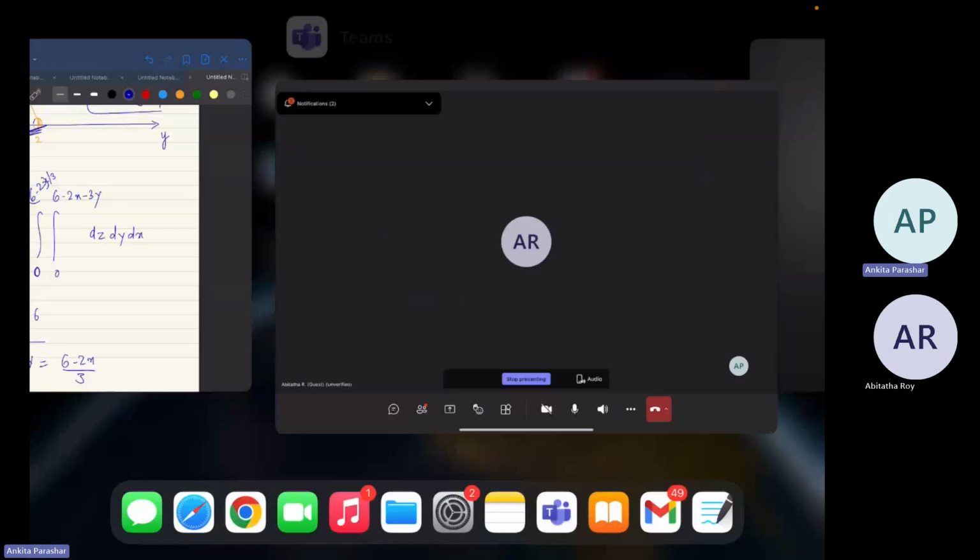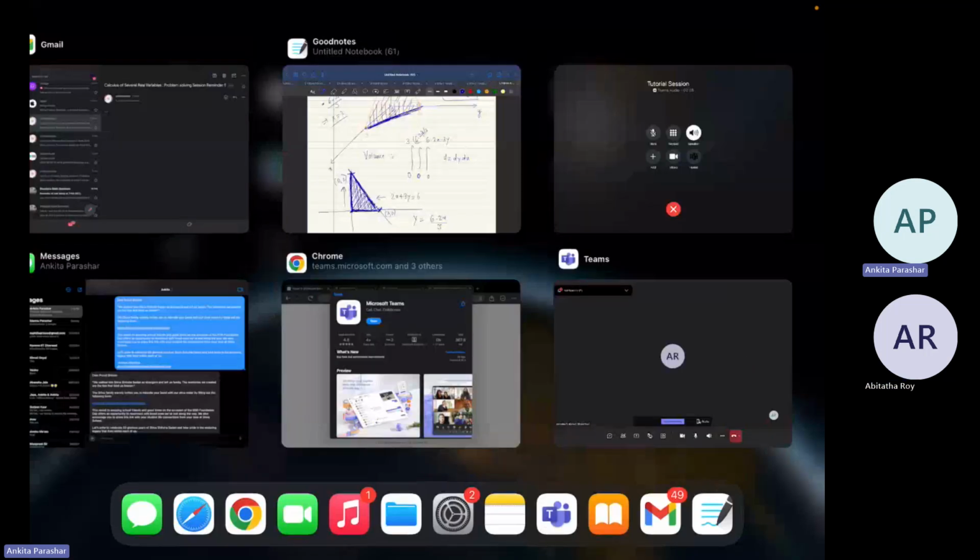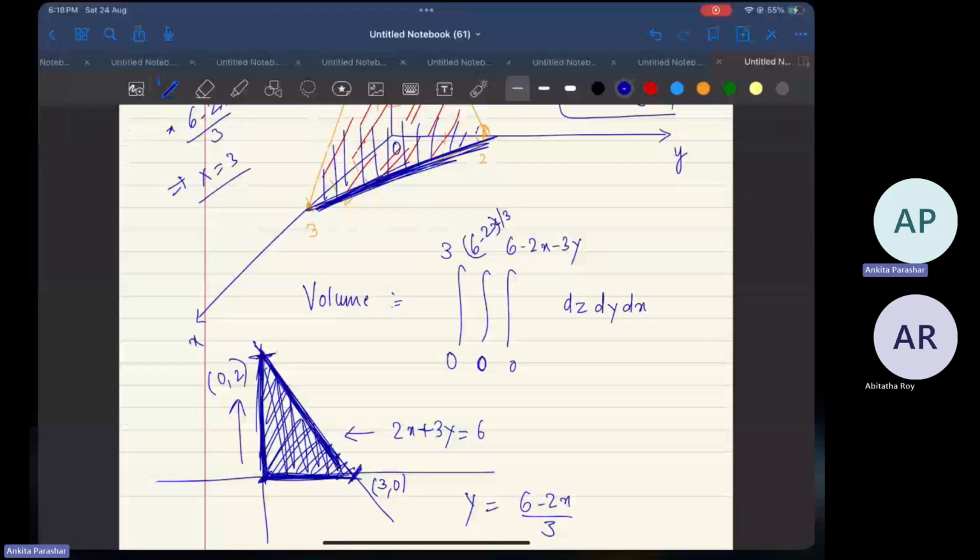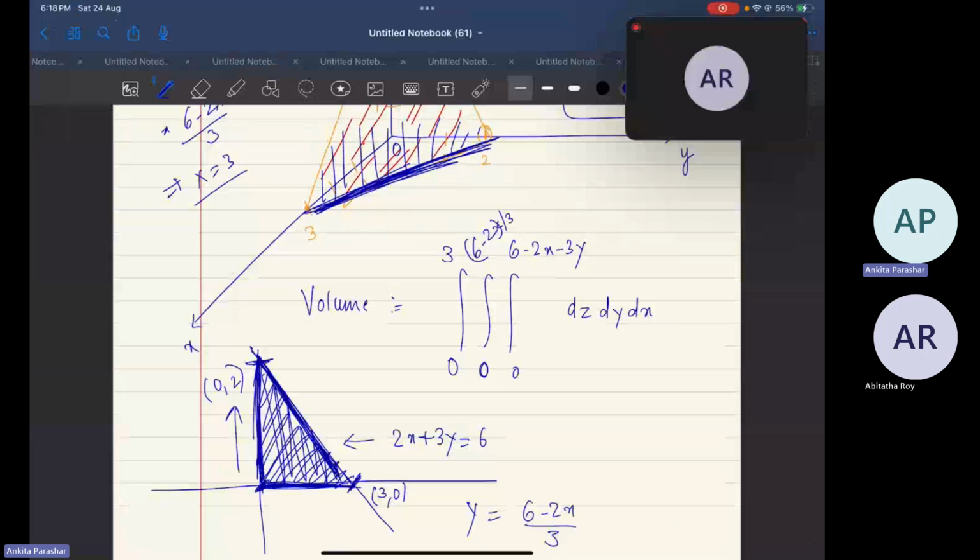Let's go back. One has to take care that there is a triangular region in the xy plane. You have to project your surface on the xy plane and look at, in the xy plane itself, how many things are there. It is bounded by the line x equal to 0, the line y equal to 0, and the line 2x plus 3y equal to 6. So there is a region you have to take care of, because this part has been taken care of.